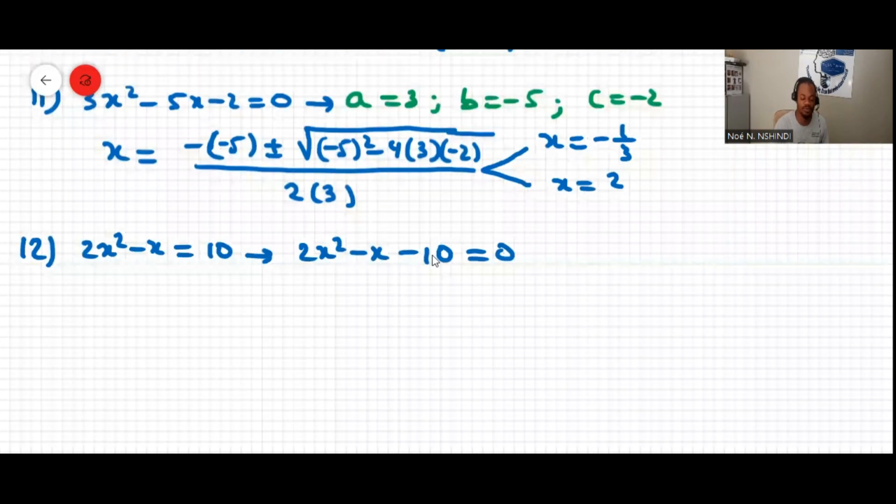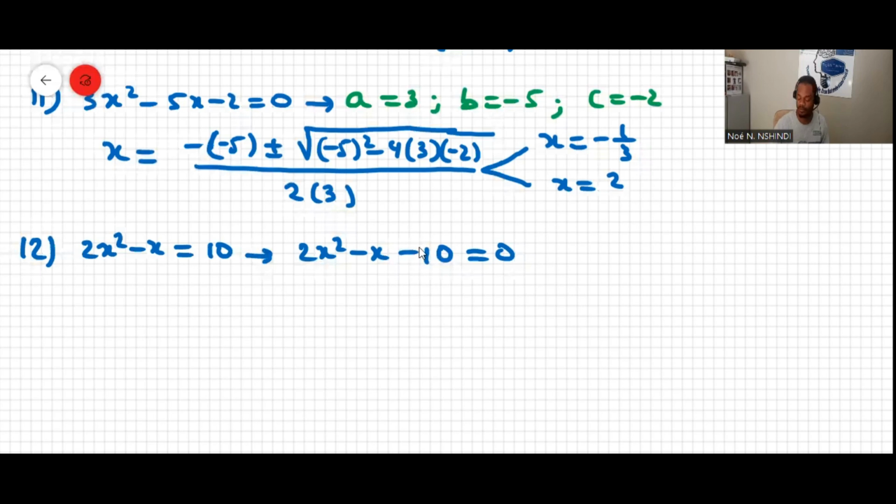So we can do 2 times -10, which is -20. Now write here -20, and list the factors of 20 in ascending order: 1 and 20, 2 and 10, 4 and 5. Now to get the coefficient of the middle term, which is -1, it's possible with a +4 and a -5.